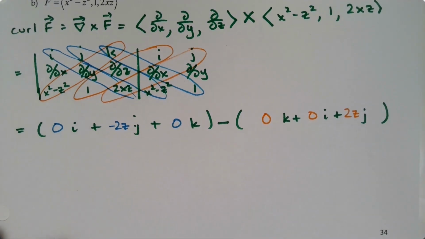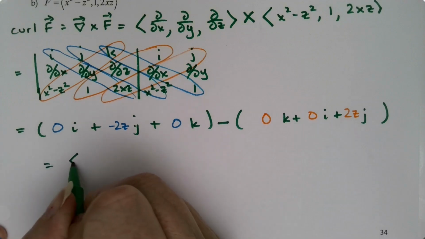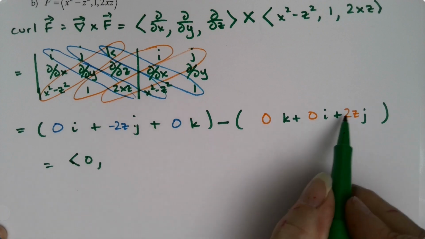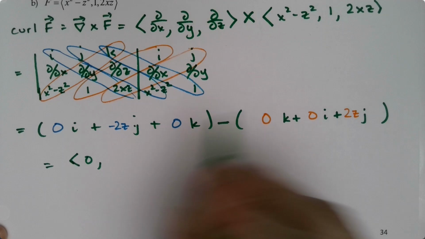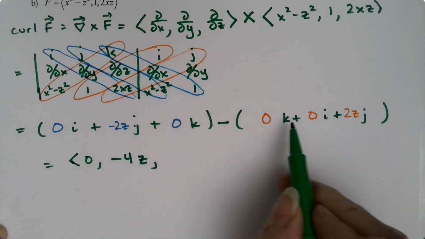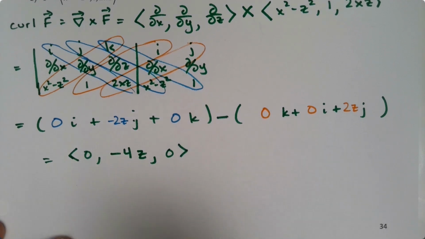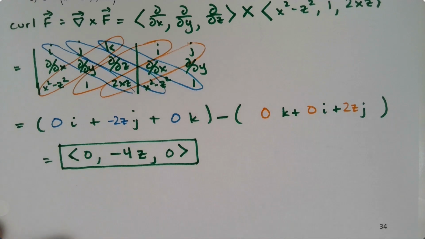Okay, so the i terms combine together to make 0. The j terms are going to be something interesting. Negative 2z minus 2 more z makes negative 4z. And then the k terms turn out to be 0. So this is our curl.